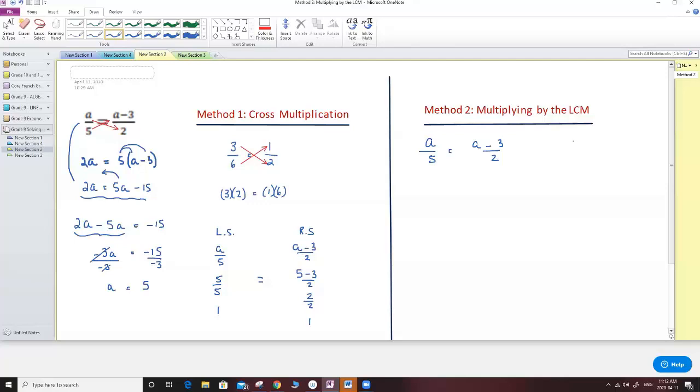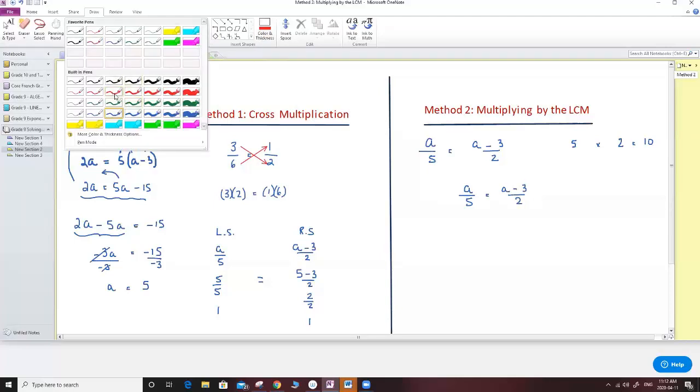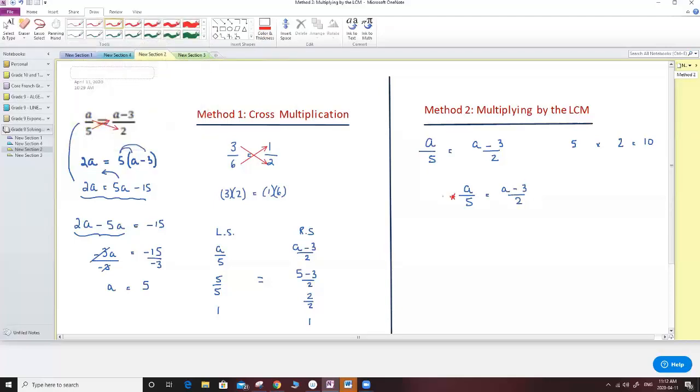The better option is to find the lowest common multiple of 5 and 2, which is the multiplication of 5 and 2, that is 10. So if I multiply both sides by 10, it will solve my problem. And don't forget, when I multiply one side by something, I have to do exactly the same thing on the other side to keep the balance.